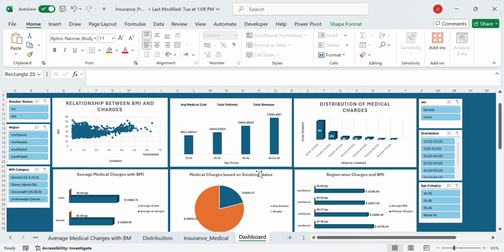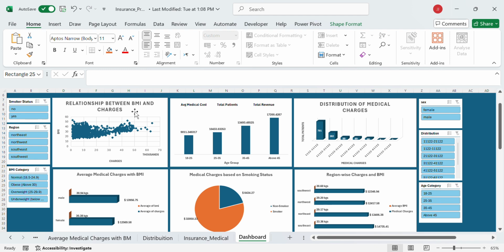What we are trying to do is, firstly, find the relationship between the BMI and the charges. Those who don't know what BMI is, it is a relationship found using certain metrics between height and weight.